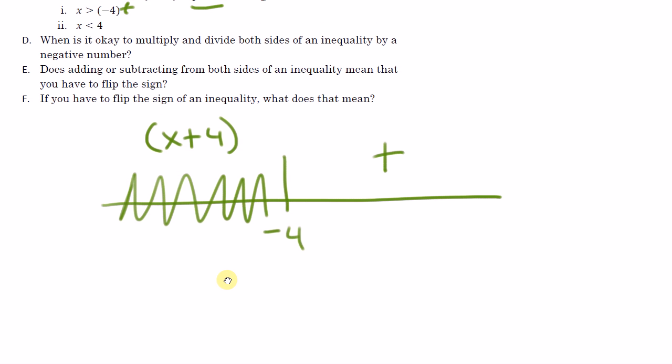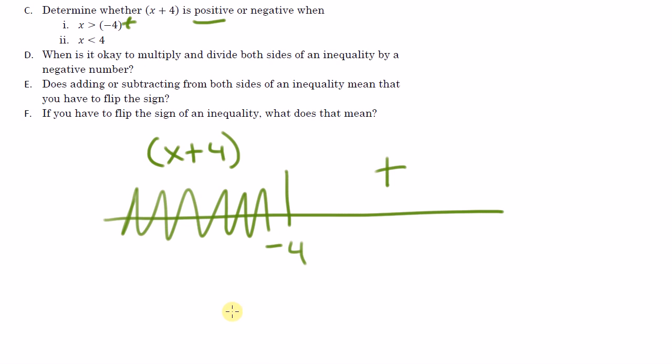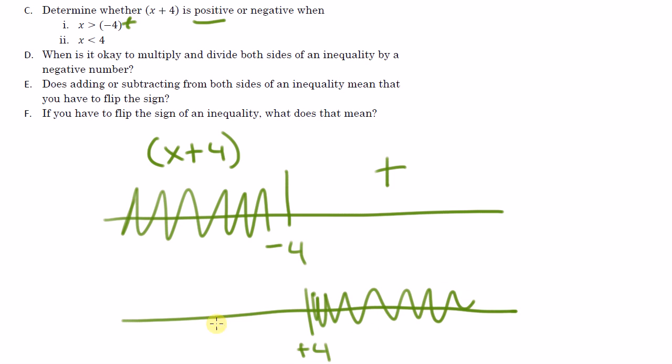And now it wants to know what happens when x is less than 4. So I'm going to draw the same line. This would be the value positive 4. And we want to know what happens here. So I don't care what's going on over here. And it's the same x plus 4.